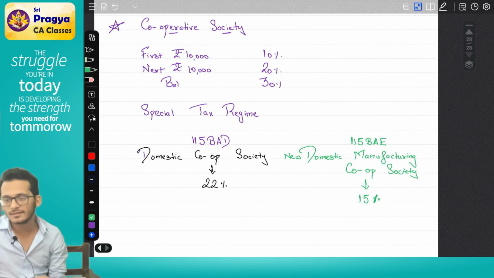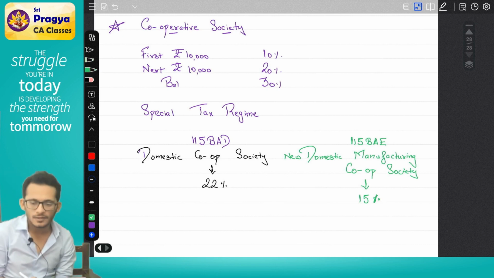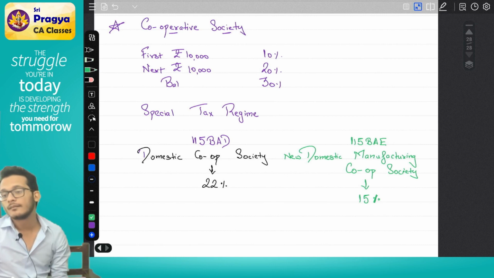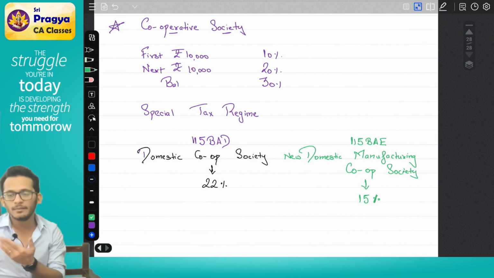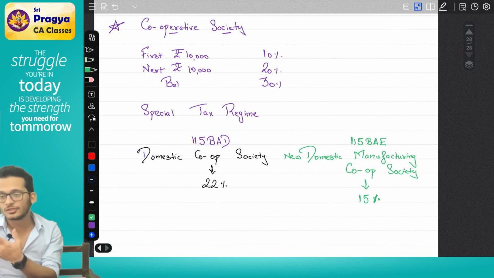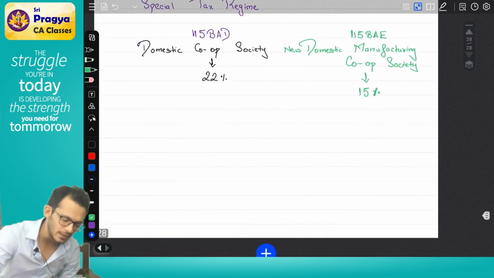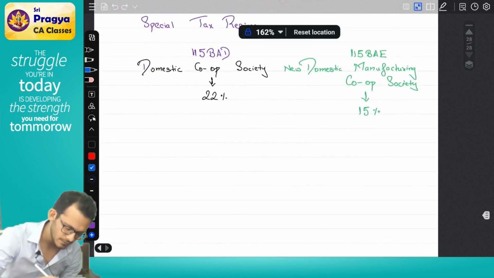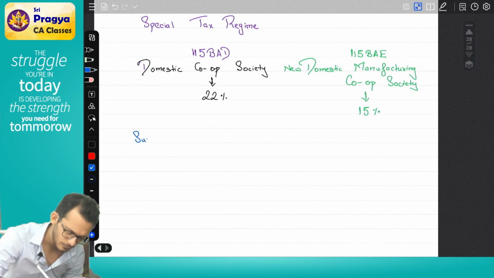Now, I have given you the tax rates. Always after I give you tax rates, I ask you a simple question. Are you rich, poor, middle class? Can a cooperative society be poor? No. Can it be middle class? Yes. Can it be rich? Yes. If you are rich, you will have surcharge. Rahul, what is the surcharge?